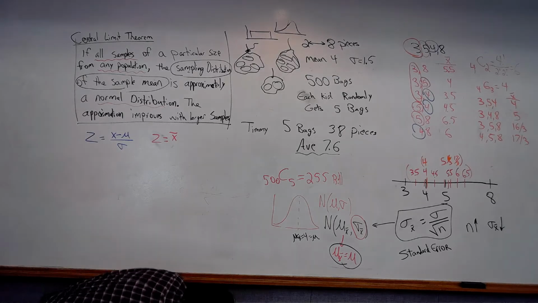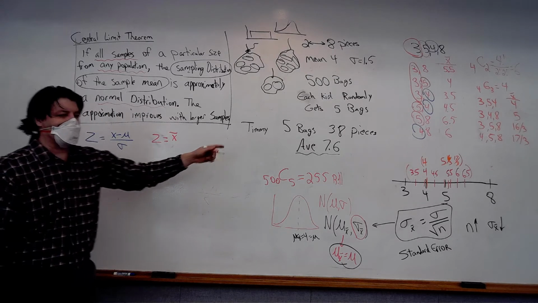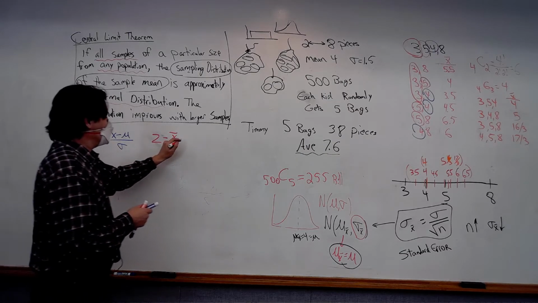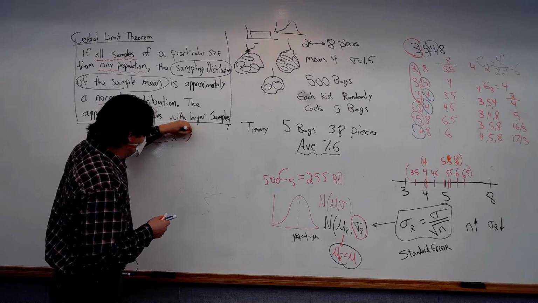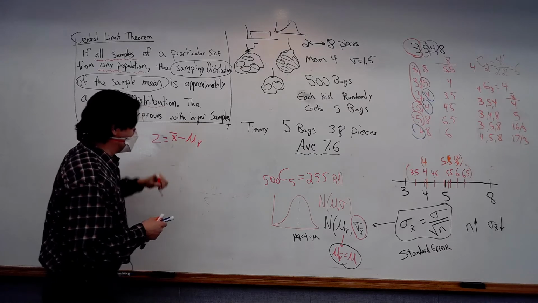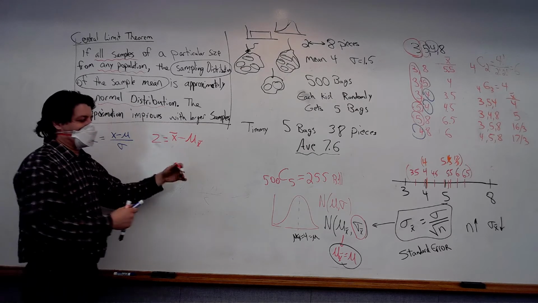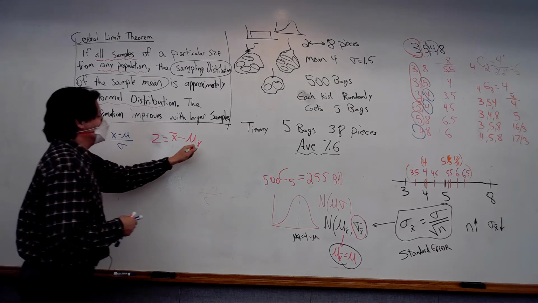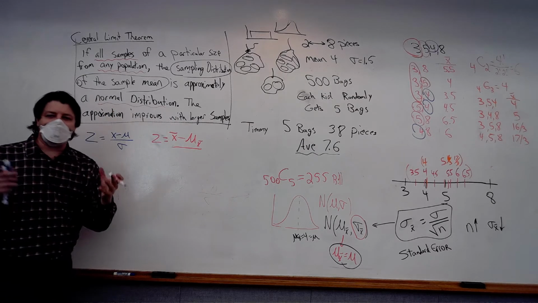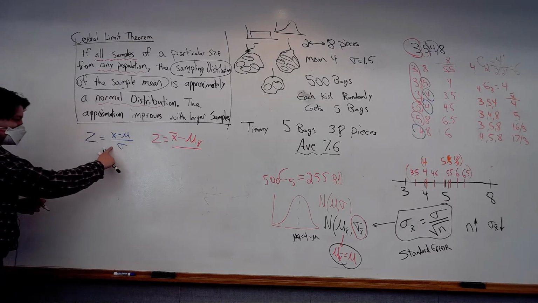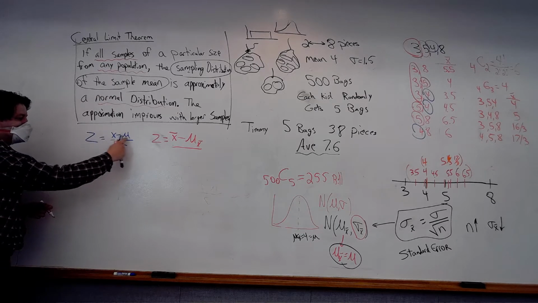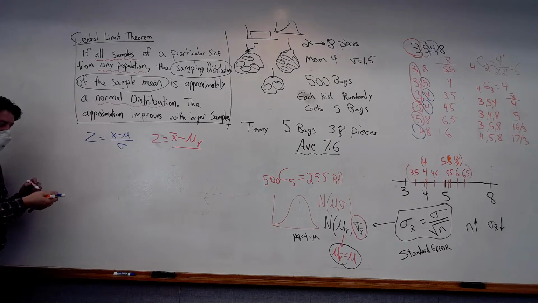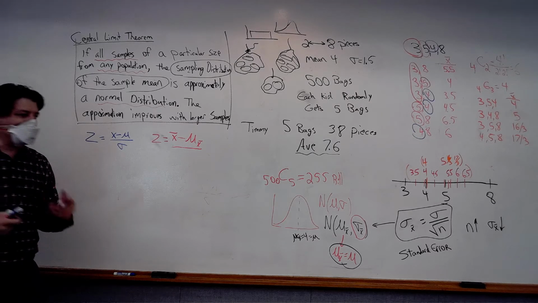Timmy took a sample mean of 7.6. We want to see how likely that is to occur. We're going to subtract that from the mean of the sample means. This is the mean that we're interested in. Now, of course, as we found, it's the same as the population mean. And then we're going to put it in terms of a standard deviation. That's what the z-score originally is doing: a deviation from the mean in terms of standard deviation. So how many standard deviations are you from the mean?